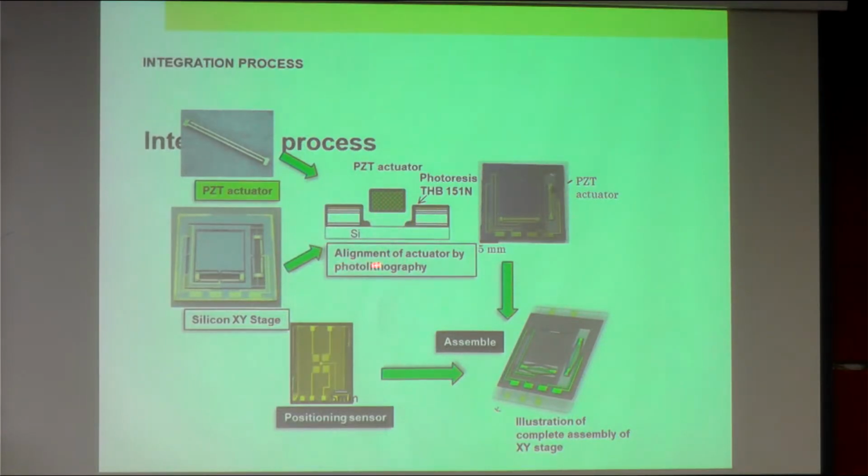So the alignment of the actuator by photolithography is made in order to provide an accurate position of the actuator. This is the figure of the piezoelectric actuator slotted into position.